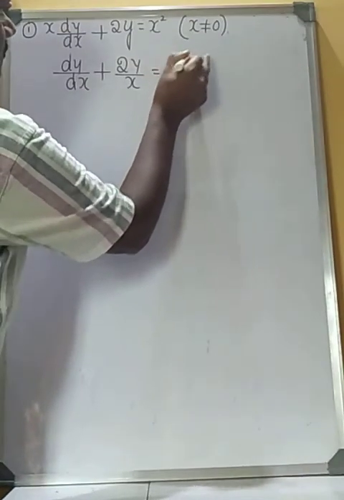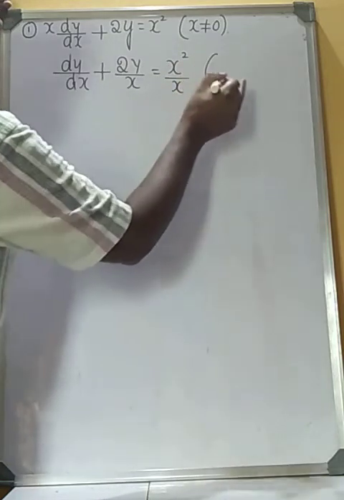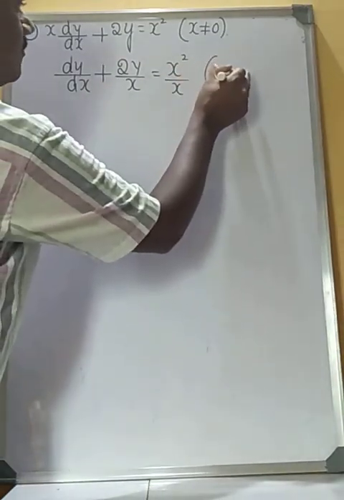First, write the given differential equation in the form dy by dx plus py equal to q. Here this is not in the form of a linear differential equation. So write it in the form dy by dx plus 2y by x is equal to x square by x, dividing by x.